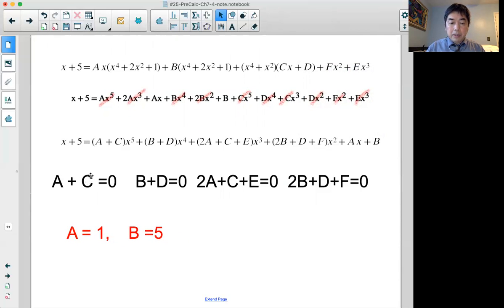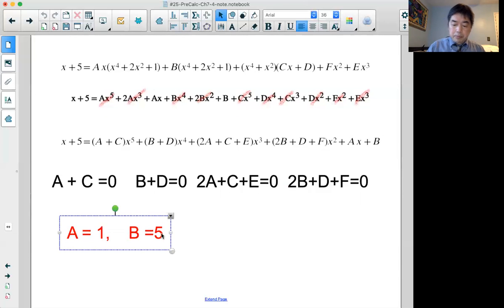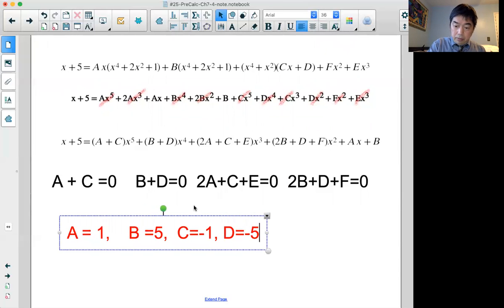So C must be negative 1, right? This now is algebra 1. So you plug in B equal 5, D equal negative 5. Okay, here's tricky. 2A, which is 2 times 1, 2 plus negative 1.